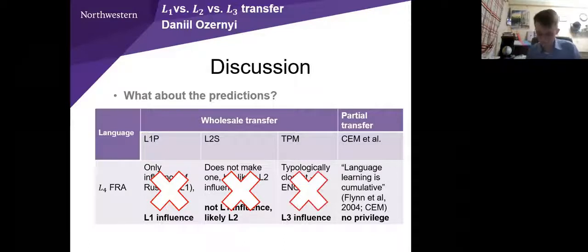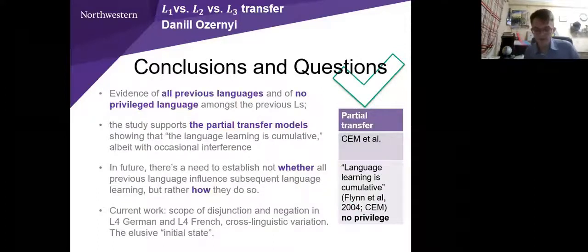Same again, it was not. Was the cumulative language learning detected as predicted by CEM et al.? Yes, it was indeed. To offer conclusive remarks, the study found evidence of all previous languages and of no privileged language amongst the previous languages, thus supporting the partial transfer models.